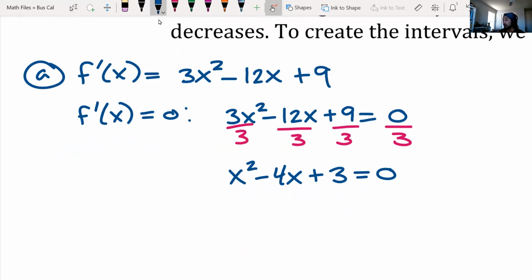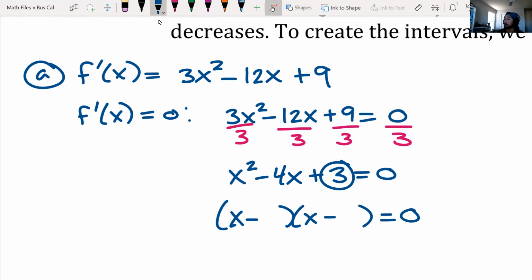And now all we have to do to solve this equation for x is factor it. So you have minus plus. That means I'll have x minus a number, x minus a number. And these are the easy ones to factor because all you have to know is the factors of 3. What are the only factors of 3? 1 and 3. There you go. And now if you solve for x, you'll get x equals 1 and x equals 3.